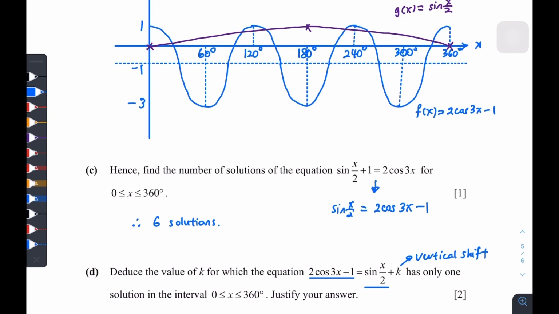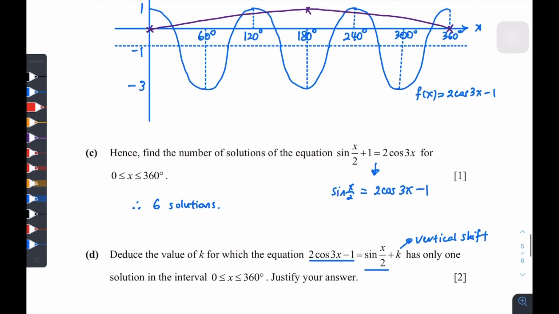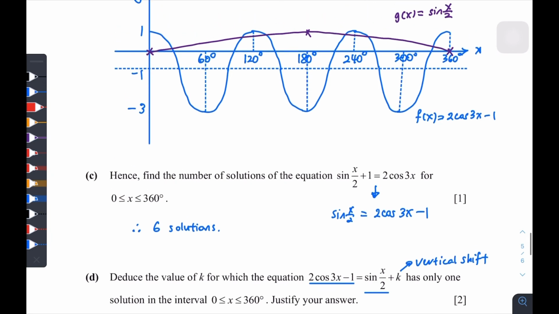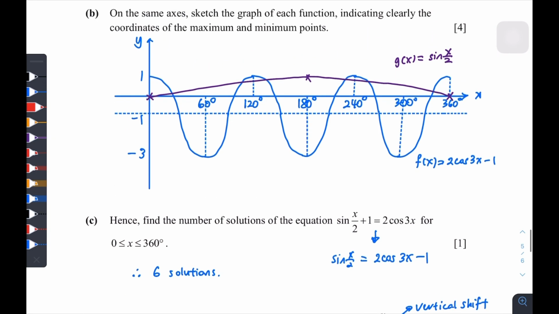Okay, k is our vertical shift. Let me draw it in. Where should k be to get that one solution? If you move the graph upwards, it's going to look like this. How many solutions are there?